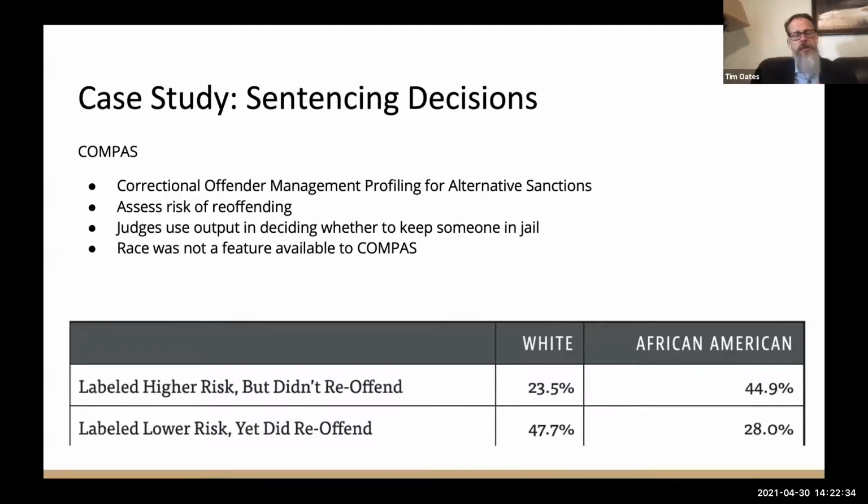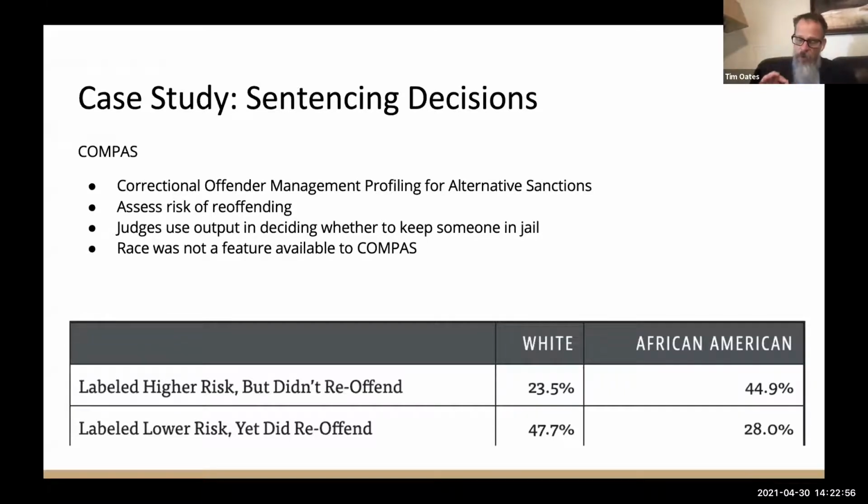So that's a false positive. The second row is labeled lower risk, but you did reoffend, right? That's a false negative. And what you can see is that if you look at false positives and false negatives broken down by race, it's much more likely to be lenient on white subjects as opposed to Black subjects, right? So they found there was this racial disparity in there.